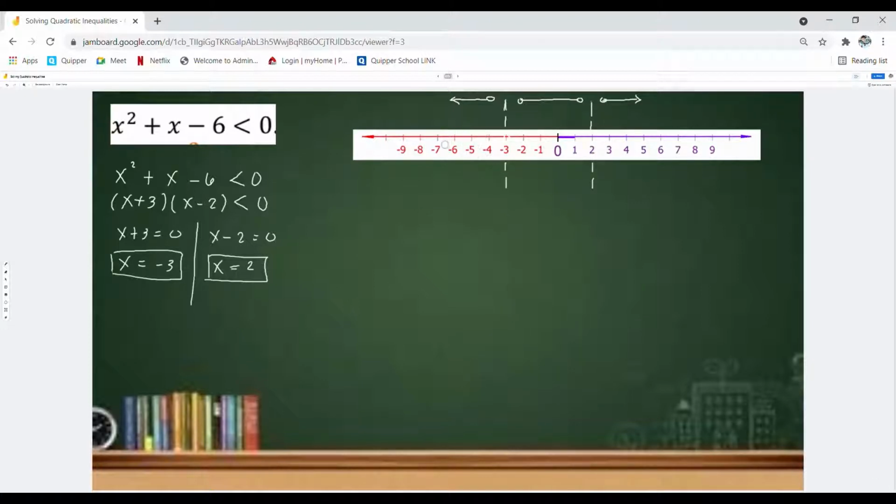Here, since it's negative infinity, you write your interval this way: you start with negative infinity and end with negative 3, open. So that's your interval in that section. Here, since it's open, it starts at negative 3 and ends with 2.